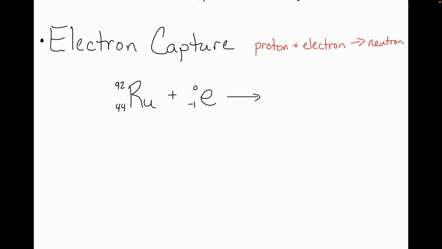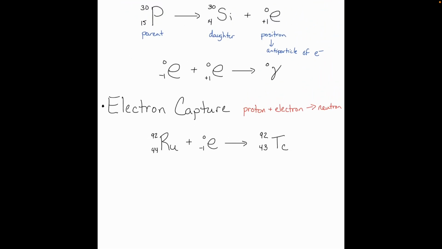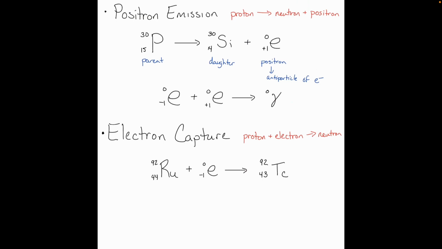So what's going to happen to my mass number? It's going to stay the same, right? Because it's protons plus neutrons. If a proton is converted into a neutron, my mass number doesn't change. But what's going to happen to my atomic number? It's going to go down. So let's note for our positron emission, our mass number stays the same, but my number of protons goes down.